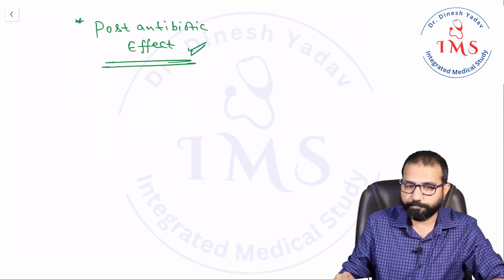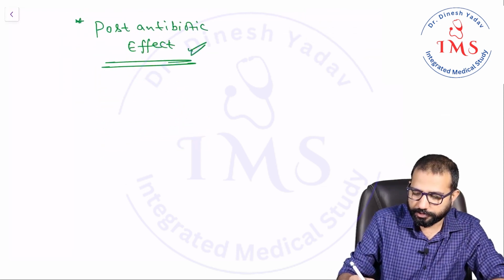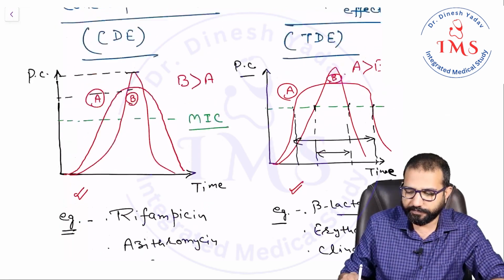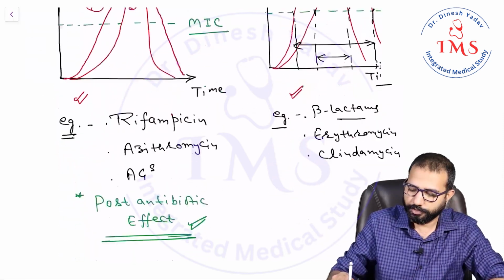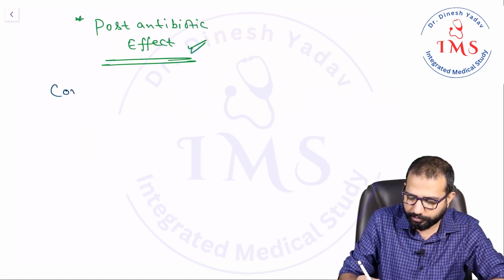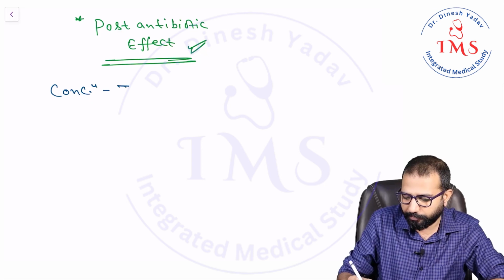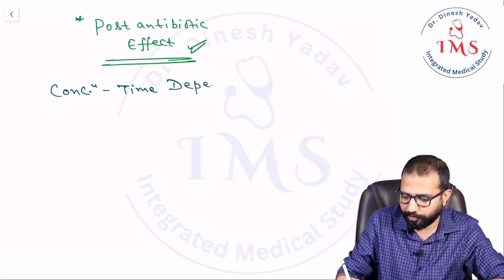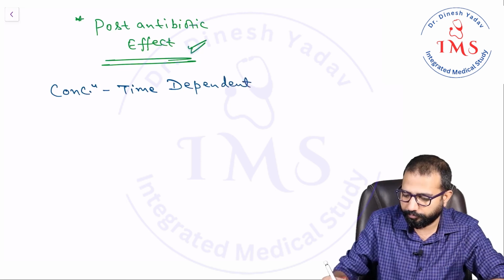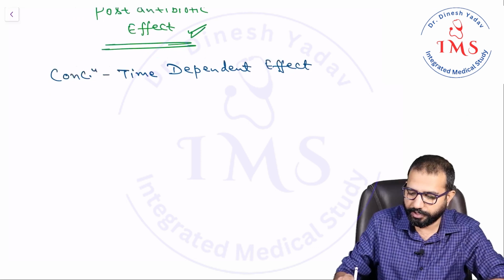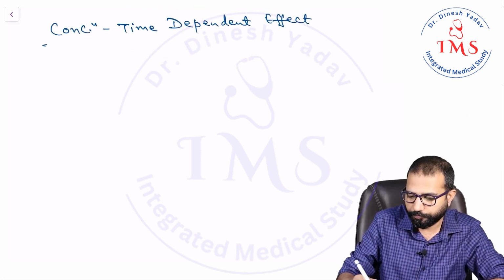But nowadays, we also have some drugs which depend on the concentration as well as time both. So guys, concentration and time. Concentration, time dependent effect, depending on the concentration as well as time both.